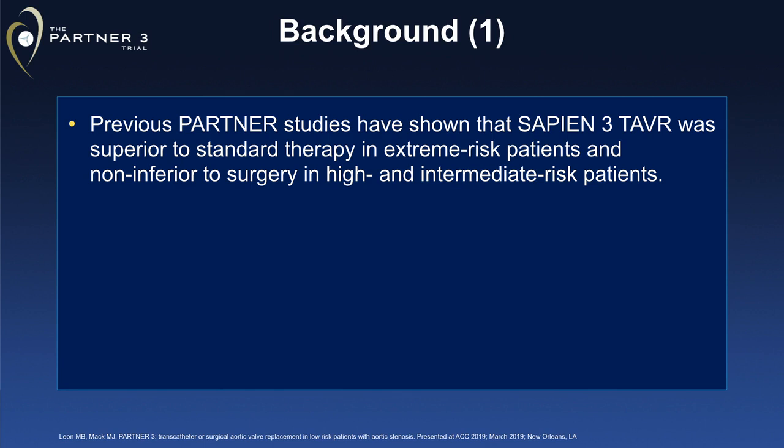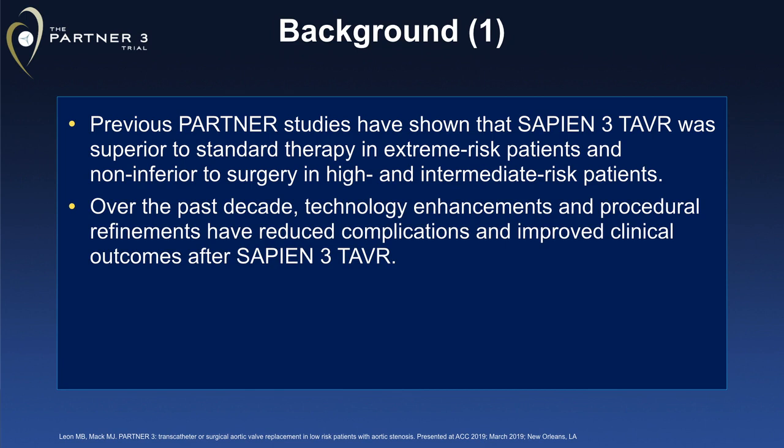But subsequent studies also showed that TAVR was not inferior to surgery in patients who were high risk for surgery, not too high risk, but high risk, and also intermediate risk. Over the past decade, there have been further enhancements in the technology.